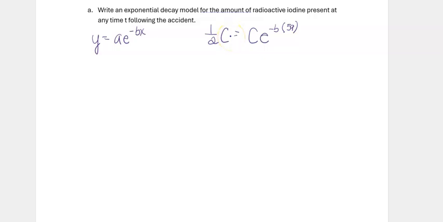The first thing I'm going to do is cancel out my c's. I can divide both sides by c and they go away. And I'm left with 1/2 equals e to the negative b times 59.